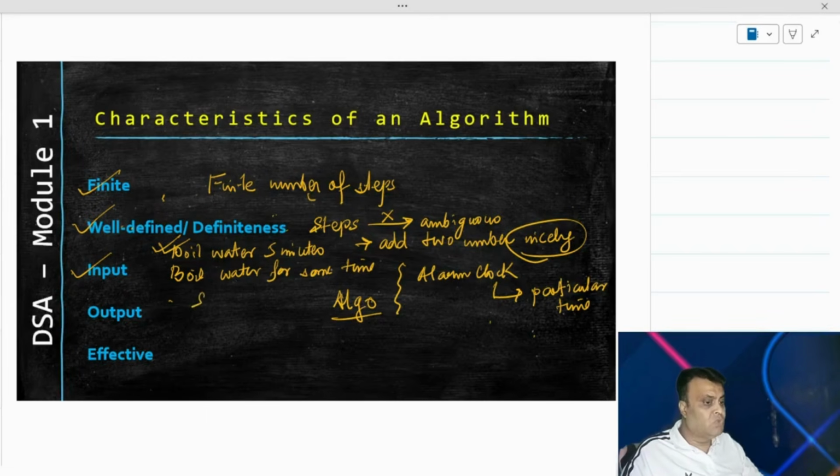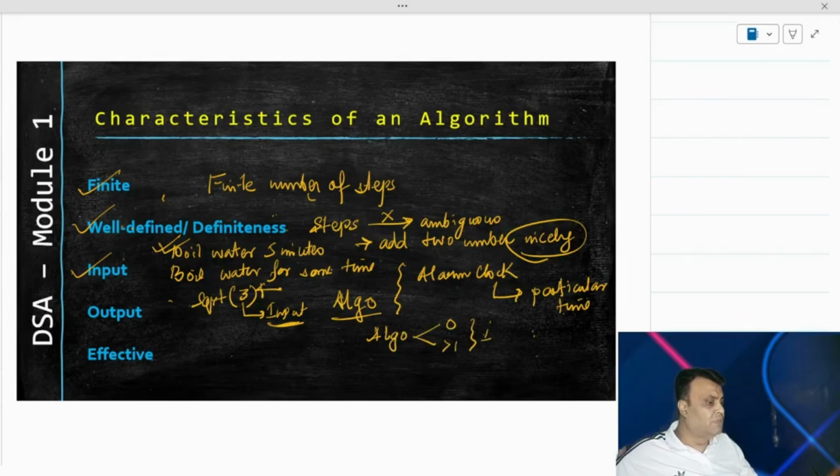Similarly, if I say square root of, let's say, 3, this is an input, which means we have an input given to an algorithm. So can we therefore say that any algorithm can accept 0 or more than 0 inputs? That's what you need to remember as far as inputs are concerned.